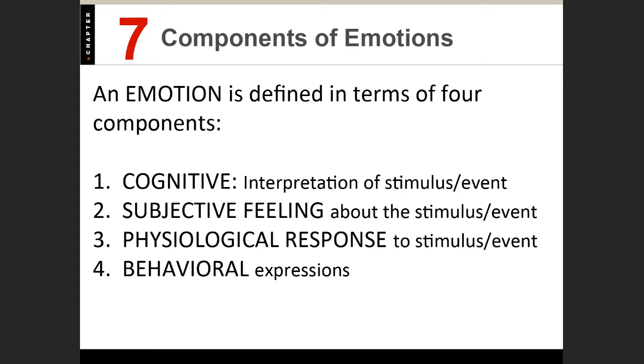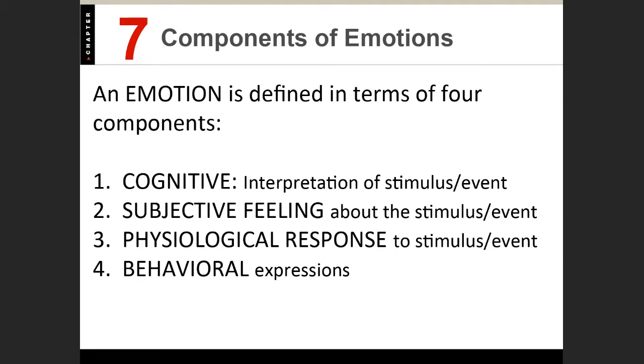And then the physiological response, of course, has to do with how your body responds to things. And then the behavioral, a lot of the research that's been done on emotional expression has been done looking at people's specific facial expressions and their facial muscles that are involved. So, those are the different components that make up emotions.